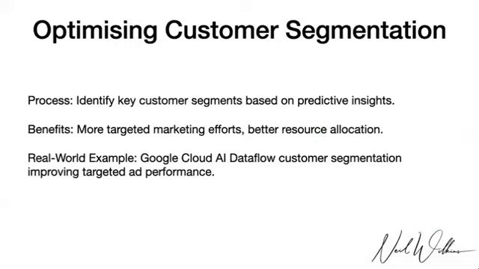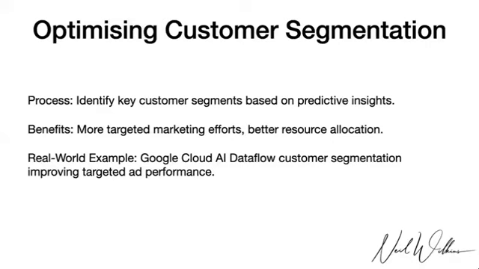And of course, this is about optimization. We can do this as well within customer segmentation. So in planning your customer journeys, it's all about understanding and identifying key customer segments who can then be translated into personas that we can target with our sales and marketing activity.